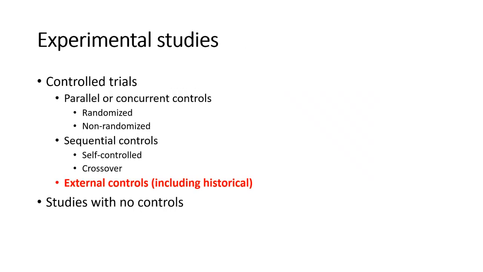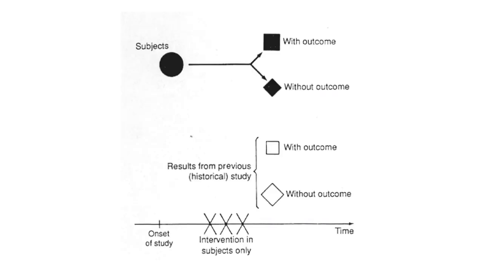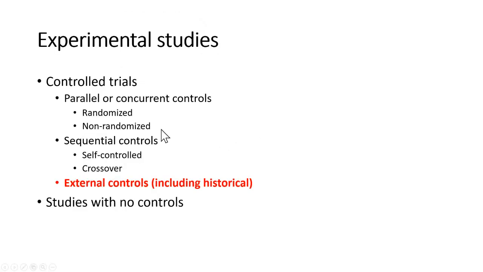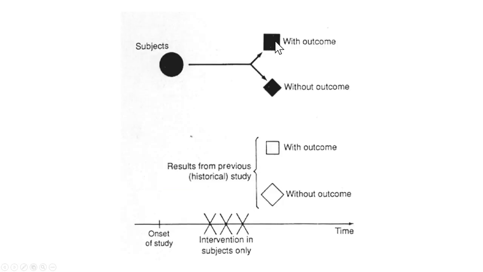Now you can have these studies or randomized trials with external controls, including historical controls. They're generally not very strong. So this kind of historical control population without a concurrent control population is a weak design, but they are there. And that means that you're doing a study right now, but you're looking at a different study at a different point in time for outcomes.